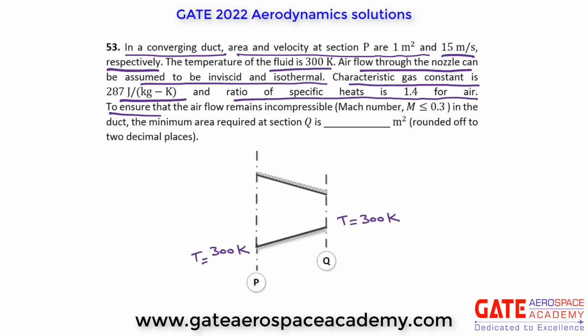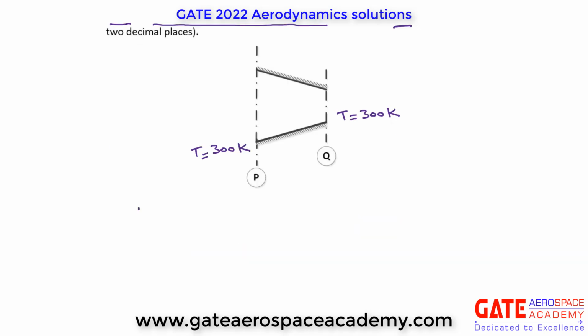To ensure that airflow remains incompressible, Mach number less than equal to 0.3 in the duct, the minimum area required at this section Q is in meter square. So we have the condition that Mach number at the exit should be less than equal to 0.3. What is Mach number?